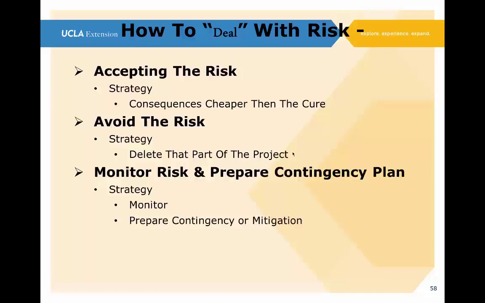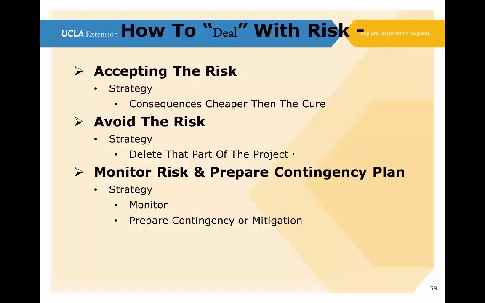What can we do to reduce the magnitude of the impact, either to cost or schedule or performance? And then we will continue to monitor that risk and be prepared if the risk trigger occurs, which would create the impact of that risk to our project plan.